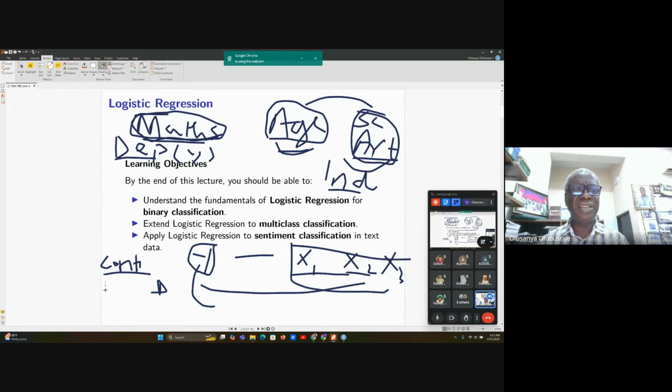The other one is that it could be discrete. If it is discrete, then y can be a categorical variable. So maybe we say pass or fail.